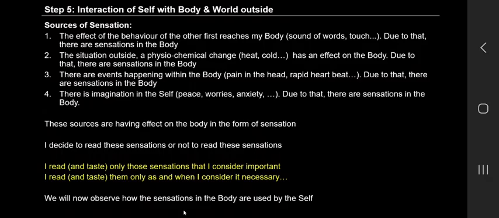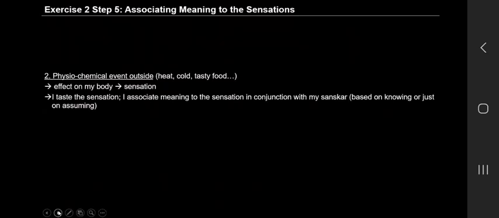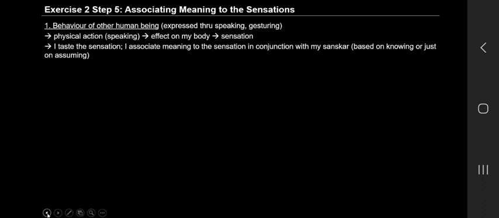Then yesterday we were discussing how I associate meaning to the sensation. So if we see some external events happen outside, suppose I am interacting with a person, he is speaking something, he is doing something.